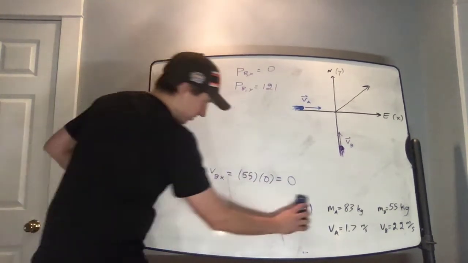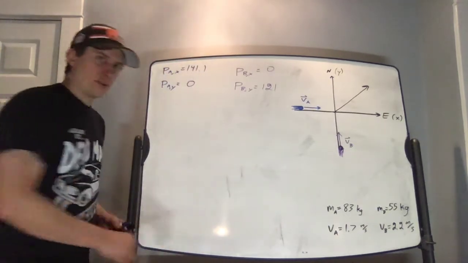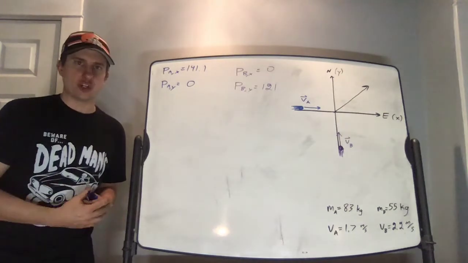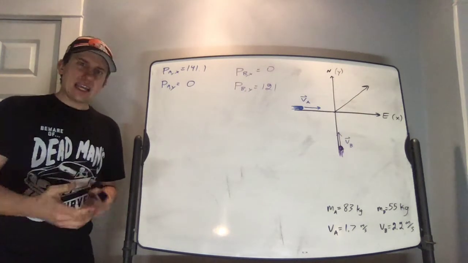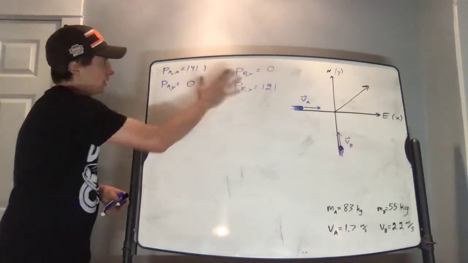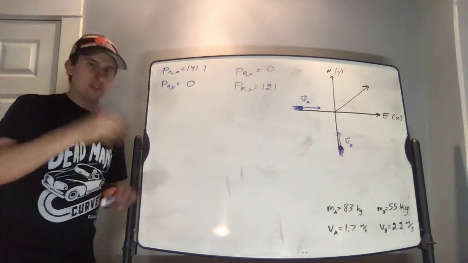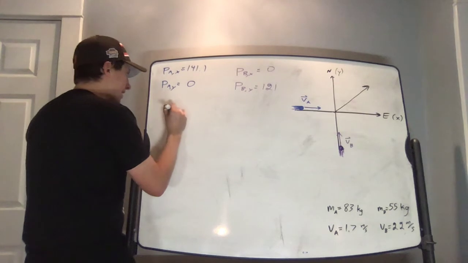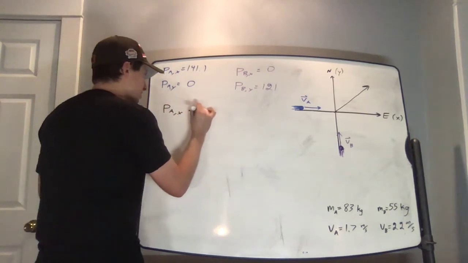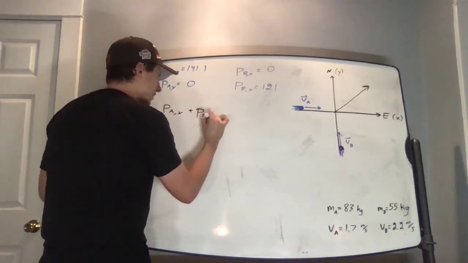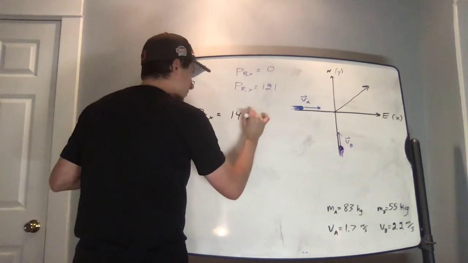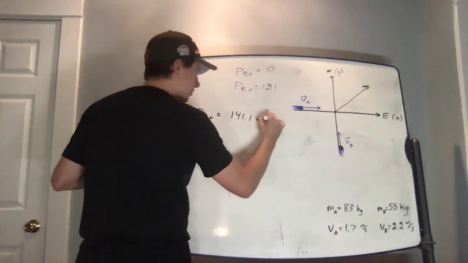When we did this analysis, we only considered the initial time, the time before the collision. But if I add up the components of the momentum of both skaters, I could say PAX plus PBX equals 141.1 plus 0.